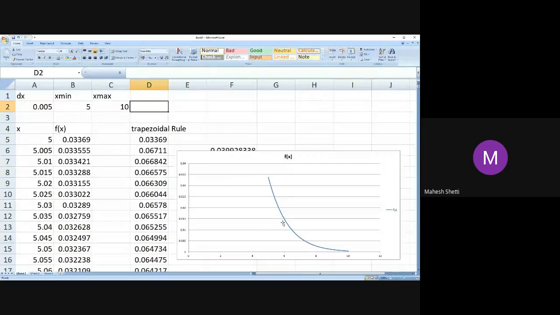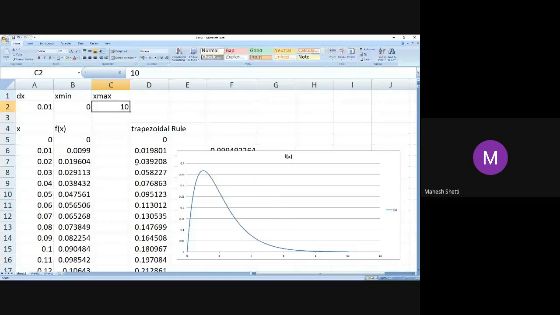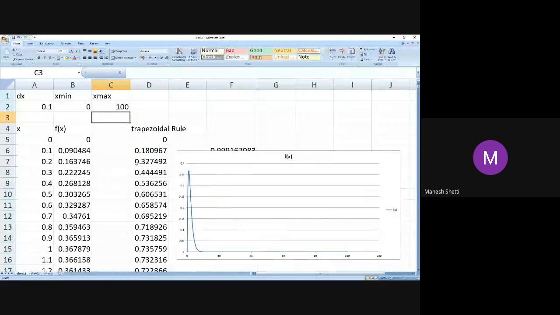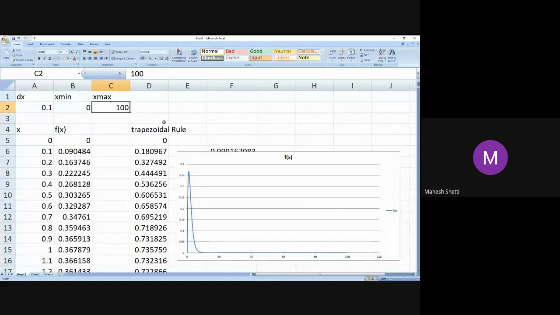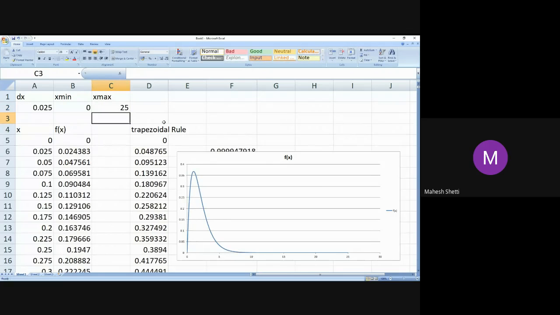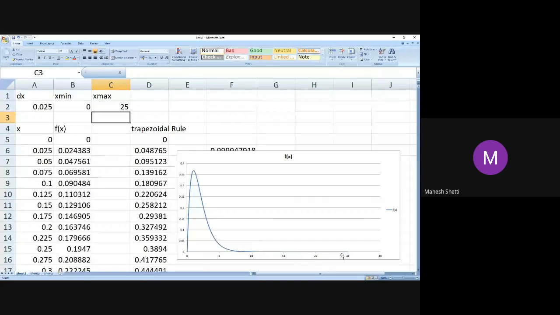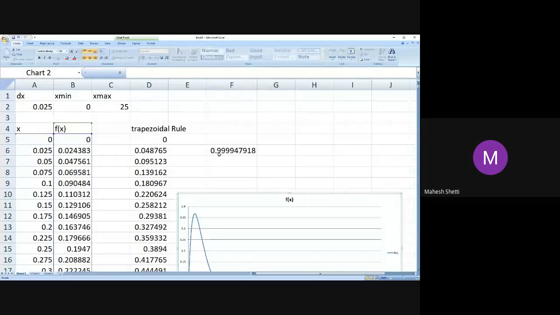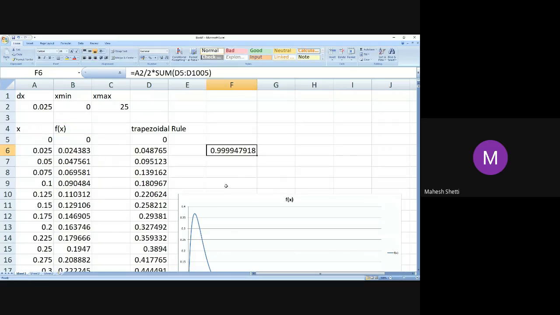This area you have neglected, but if you take the limit from 0 to infinity, you are supposed to get 1 in this case. If I put 100, for example, or 100 is too large a value, even if I put something like 25, it almost matches 0 here, and you see almost the entire area is considered, and you get the total area under the curve close to 1.